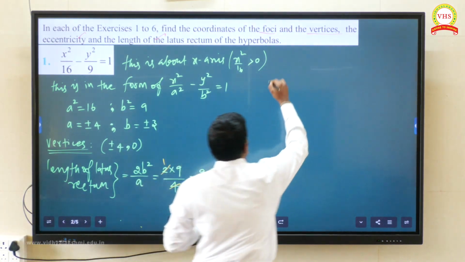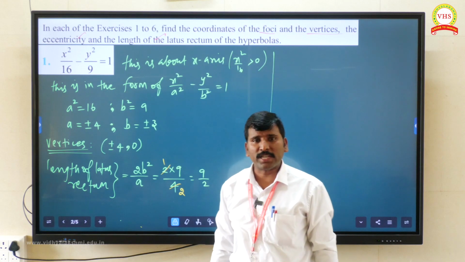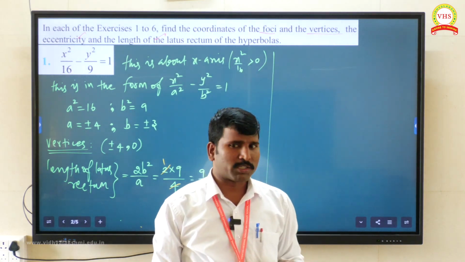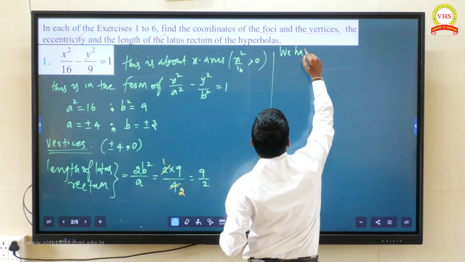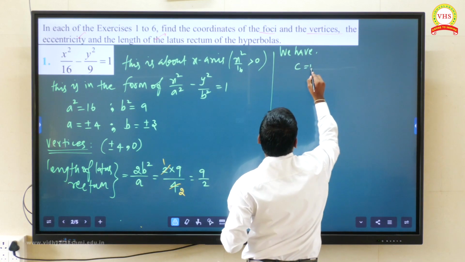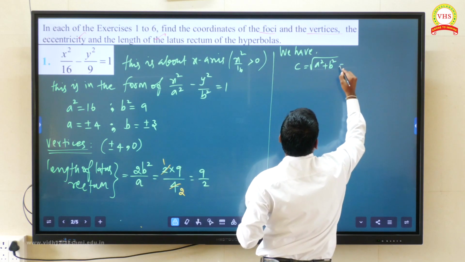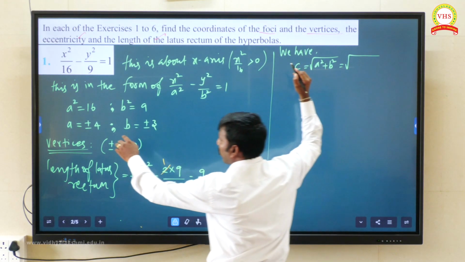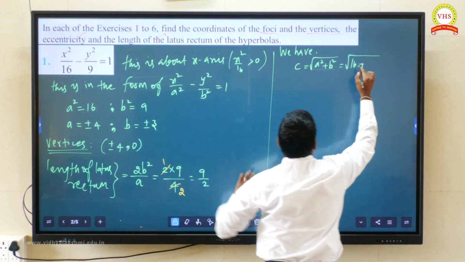Vertices is over. Then what do we need, children? Foci and eccentricity. For both we need the c value, so the c value we have to find first. We have a formula for finding c. C is equal to the square root of a square plus b square, which equals the square root of the a square value 16 plus the b square value 9.